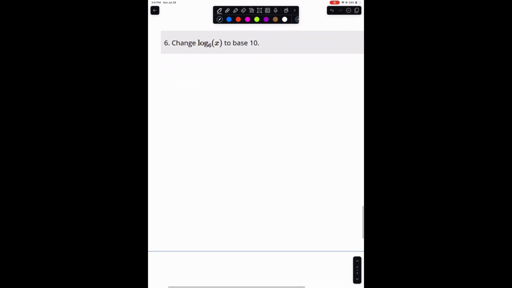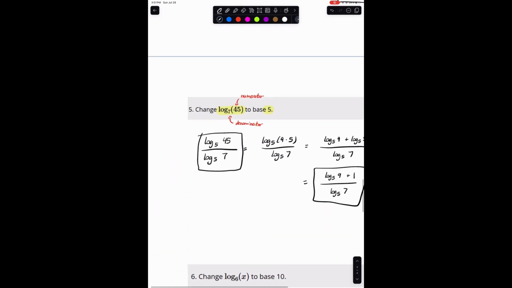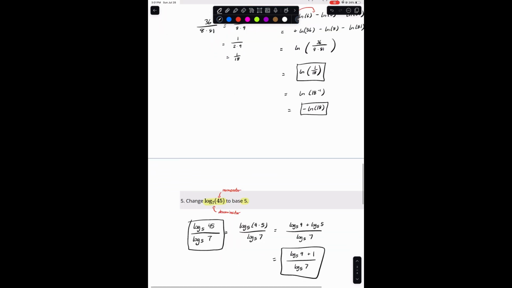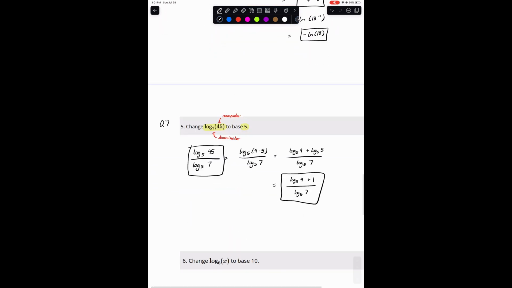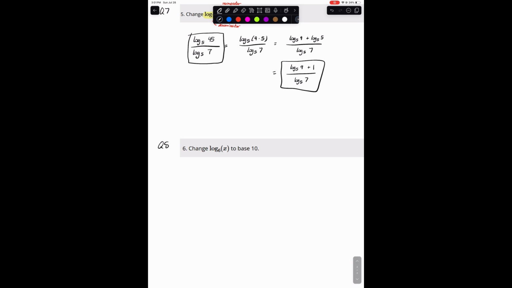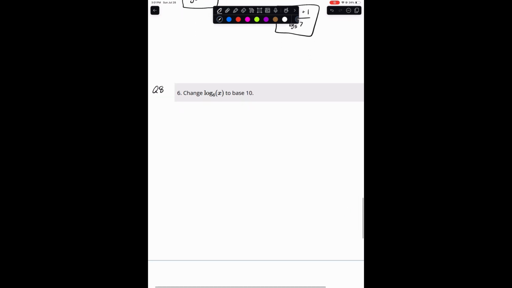Okay. Number 6, not number 6. This is question 7, right? So we're on question 8. Change log base 6 of x to base 10. So again, right, argument goes to numerator, base goes to denominator.